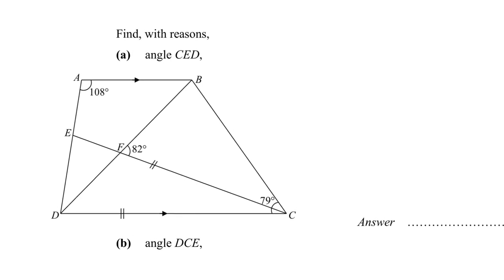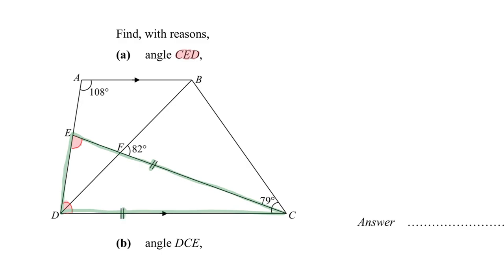So we will need to find angle CED, which is here. And do take note, these two angles are the same because they are base angles of an isosceles triangle. And where is the isosceles triangle? Because I have equal length here.